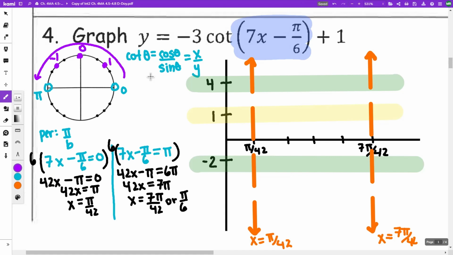So as I'm traveling around, I'm first going to be plotting my 1. My 1 is up at my high. Then I'm going to be plotting my 0. My 0 is at my 1. Then I'm going to be plotting my -1, which has been shifted here. And then I'm going to connect these points. And there's your cotangent.